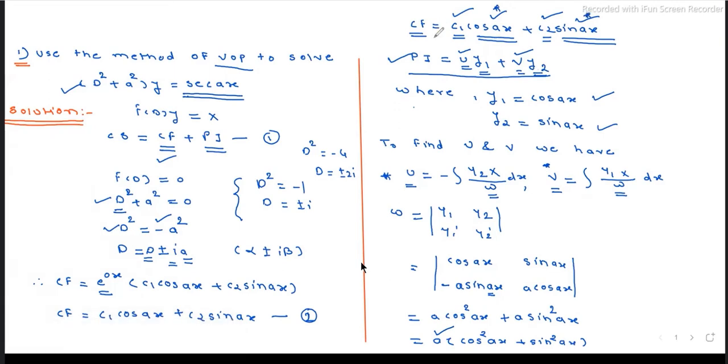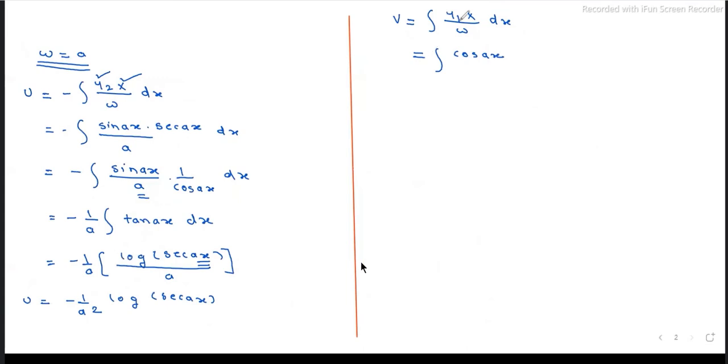We compare the forms of CF and PI and decide the values of y1 and y2. When we solve this problem, this concept will be clearer to you. Okay, so y1 is nothing but cos ax. Again, the function on the right hand side of the equation is nothing but sec ax divided by w. W is a. Integrate the term with respect to x.